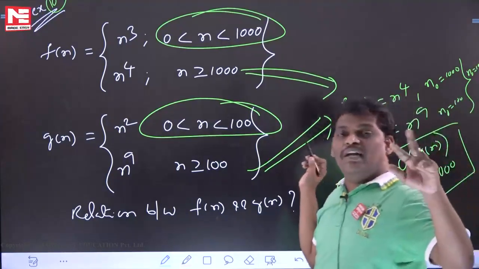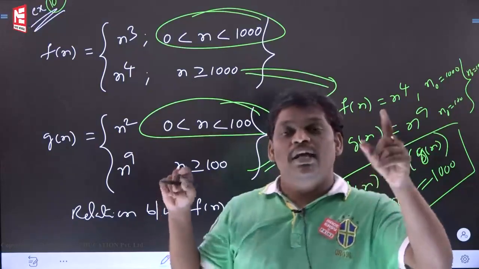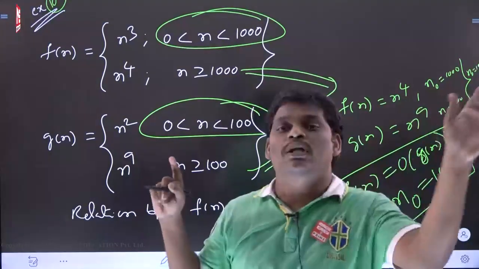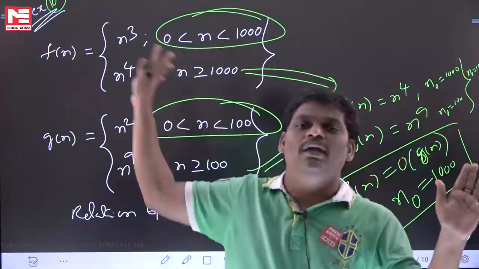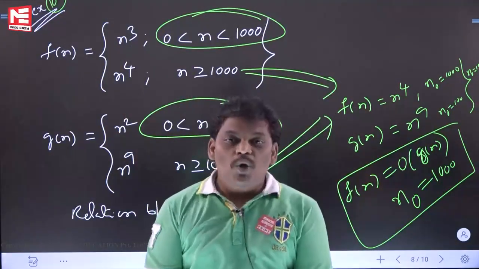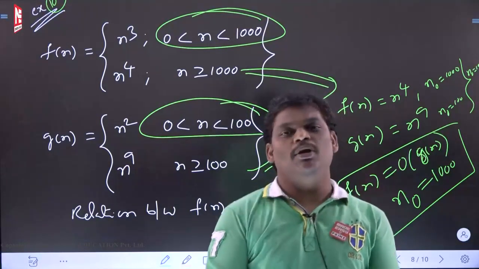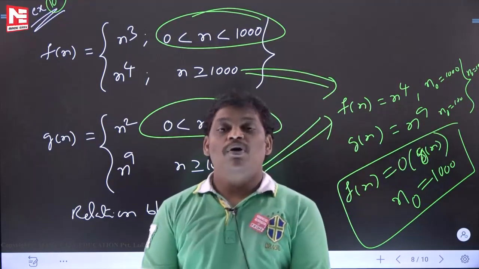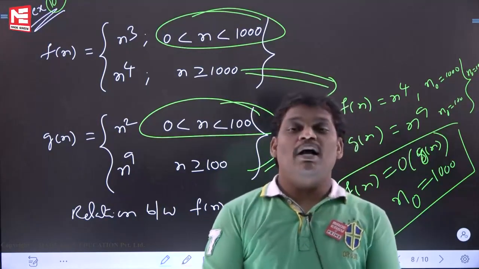Whenever many relations are given for F and for G, take that point where there are no boundaries. According to asymptotic notation a starting boundary should be there; an ending boundary cannot be there. From this point onwards until infinite, G is bigger than F. That is called big O, from n0 onwards until infinite.